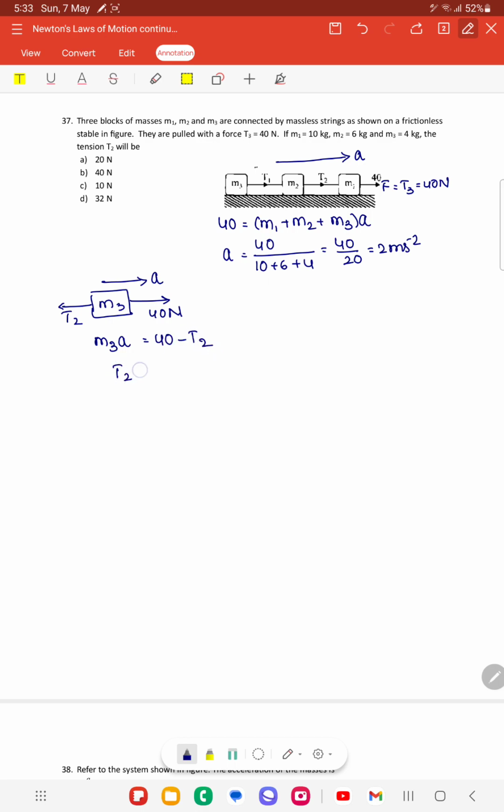So T2 is equals to 40 minus M3 into acceleration. M3 value is 4, acceleration is 2, that is 40 minus 8, which is nothing but 32 Newton. So T2 value is 32 Newton. So option D is the right answer.